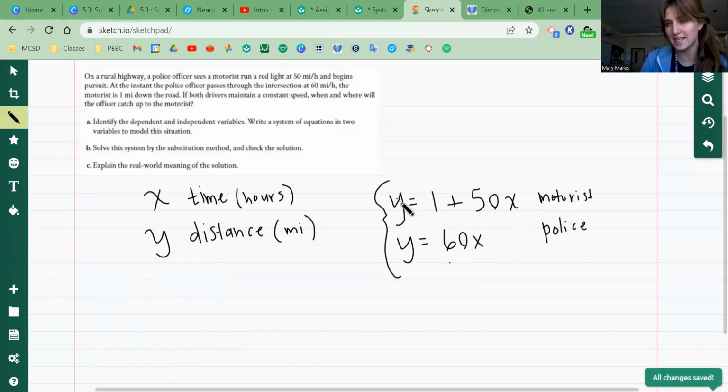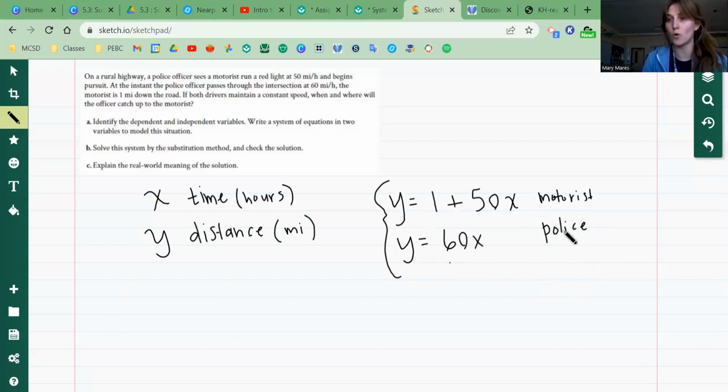And the y in this case is referring to the motorist location, and the y in this case is referring to the police's location. We want to figure out when the motorist location is equal to the police location.